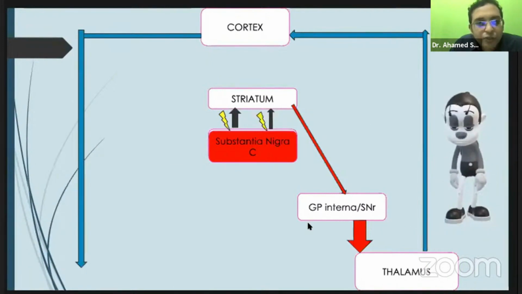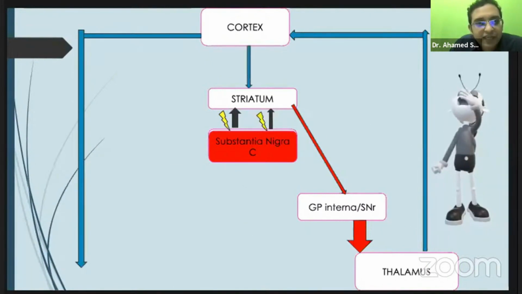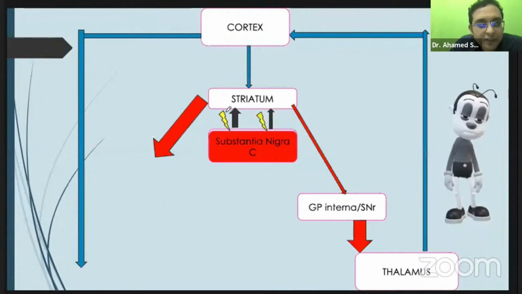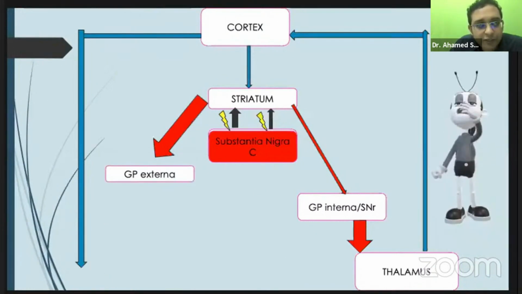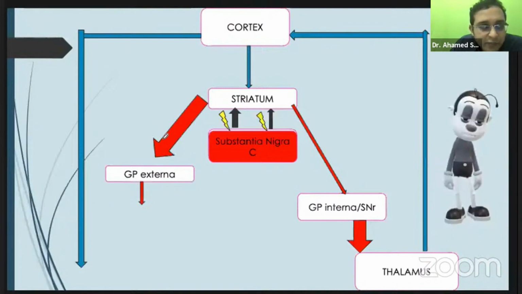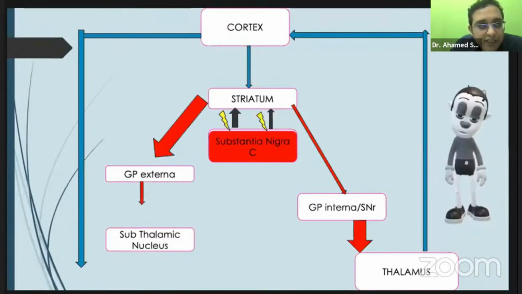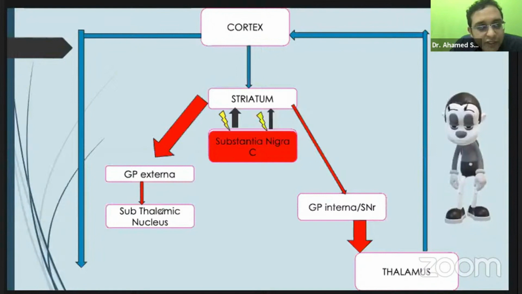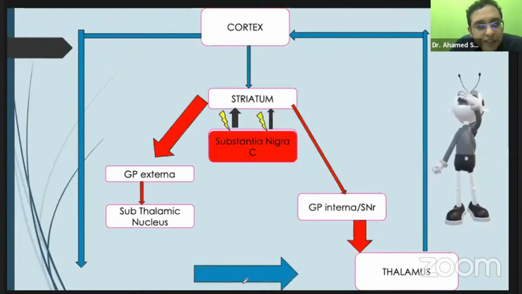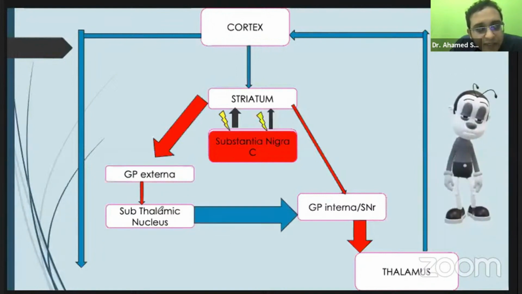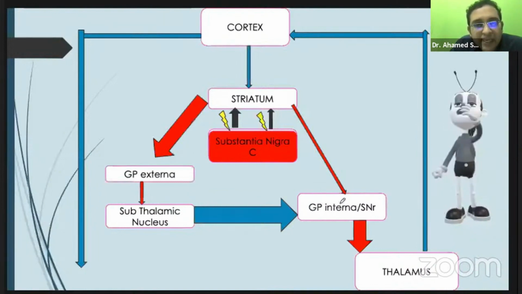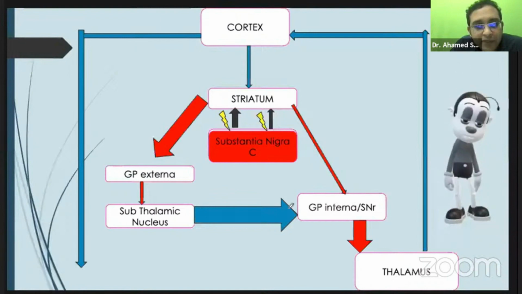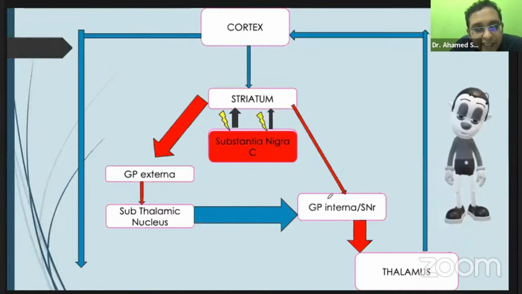So what happens to the indirect pathway? In the indirect pathway, there is more inhibition to globus pallidus externa. More inhibition to globus externa means there is less inhibition to subthalamic nucleus. So that disinhibition to subthalamic nucleus is lost. So more positive to globus pallidus interna, which is getting more energy.